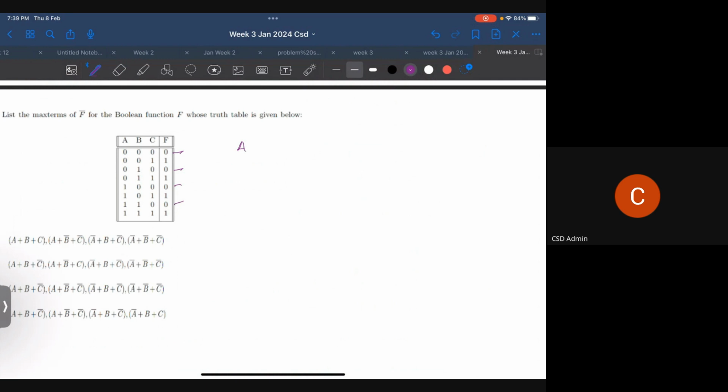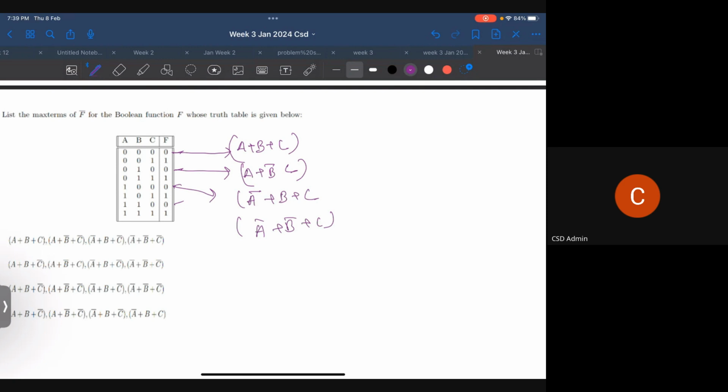So it will be A plus B plus C for this, and for this we get A plus B bar plus C. For this we get A bar plus B plus C, and for this A bar plus B bar plus C. So we have to multiply, right?